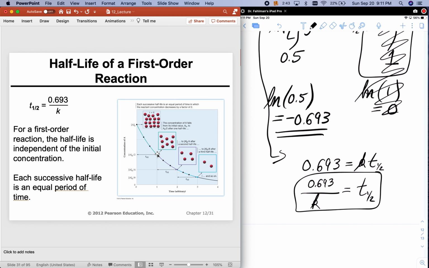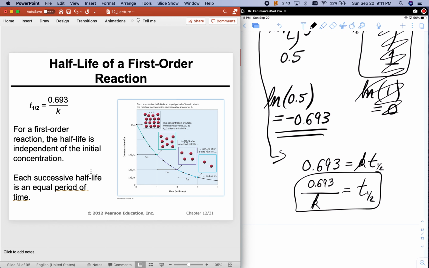After the second half-life, you've got half of that. Then you divide that in half again, and so on. After 4 half-lives, you've divided by 2, now it's a quarter, now it's an eighth, then 1/16 of what you started with, etc.